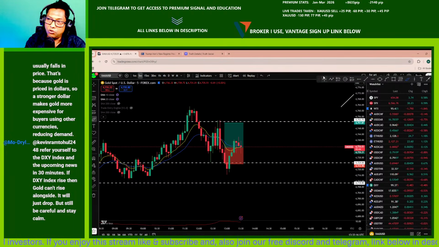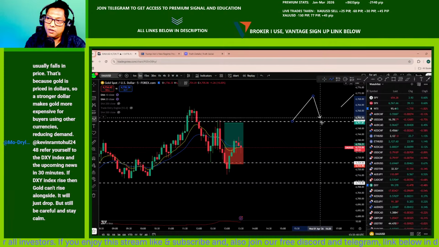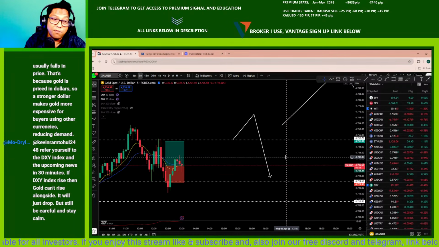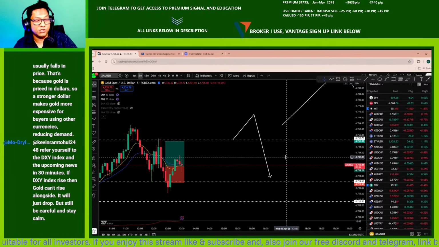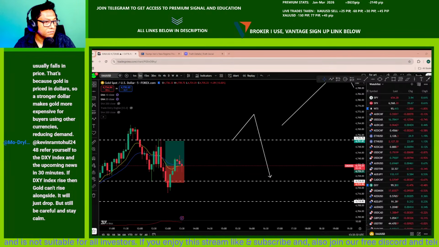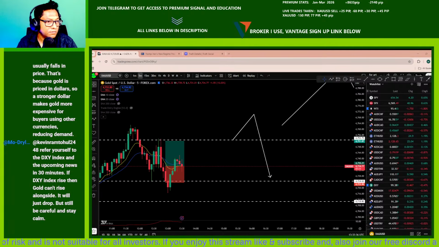When the dollar rises, it will automatically make XAUUSD fall, but you know that sometimes they both move in the same direction. This is a very unusual phenomenon, but it happens.